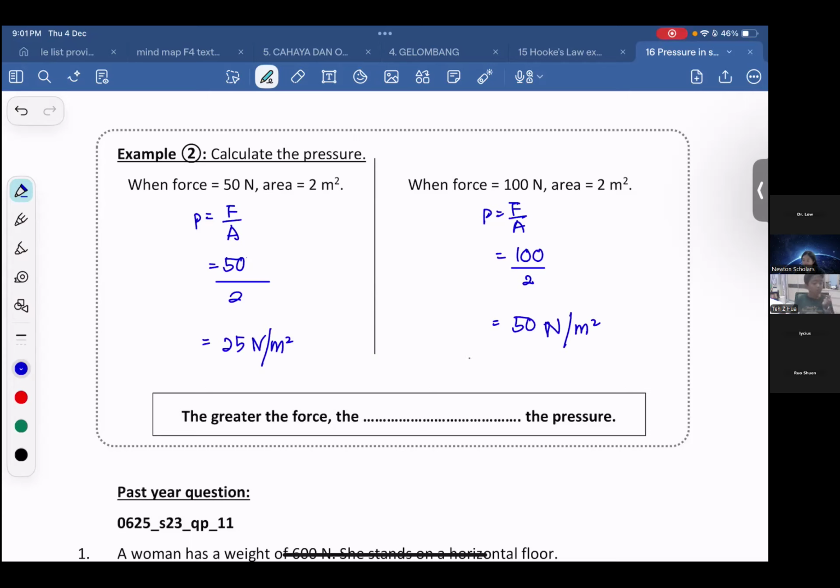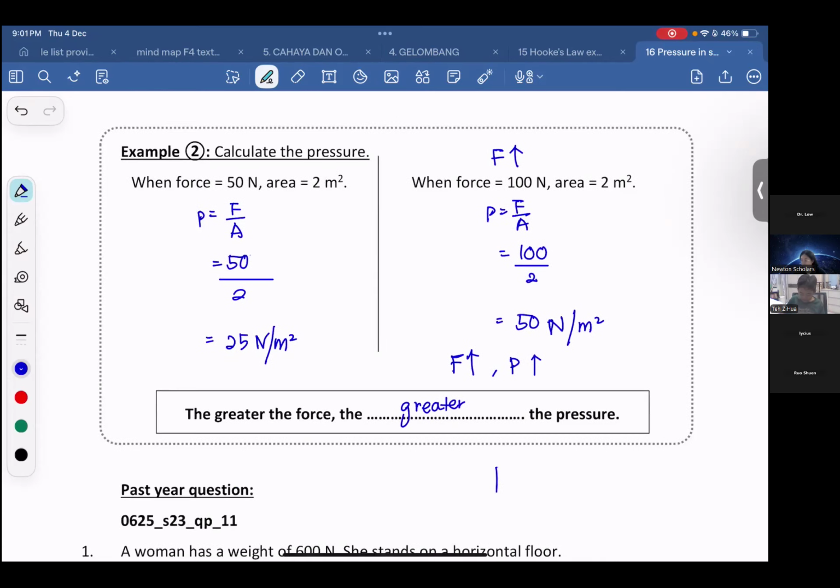Okay, can you see that when your force increases, force is 100 Newton, your pressure actually increases also. The heavier the load acting on the table, the more pressure is exerted. So the greater the force, the greater the pressure.